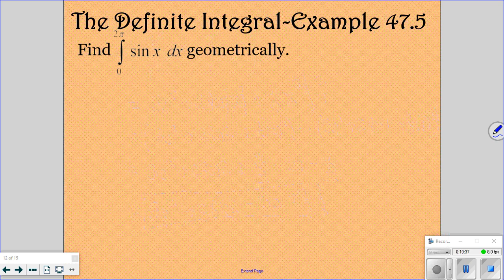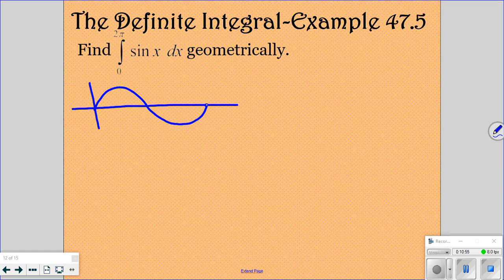Now we're going to look at finding this geometrically. So when it says geometrically, you need to look at the graph. So for sine, it always starts at the origin. And this right here is 2 pi. And this right here is pi. This area and this area are the same, except that this is a positive area because it's above the x-axis, and this is a negative area because it's below the x-axis.